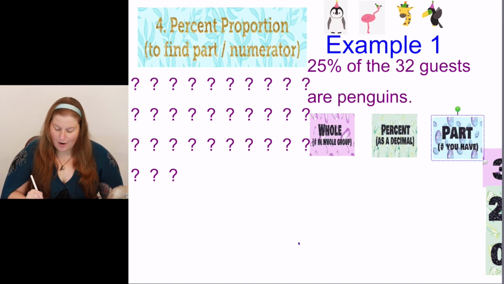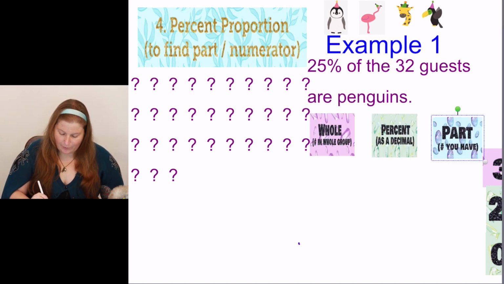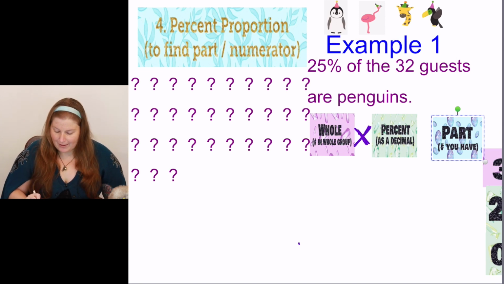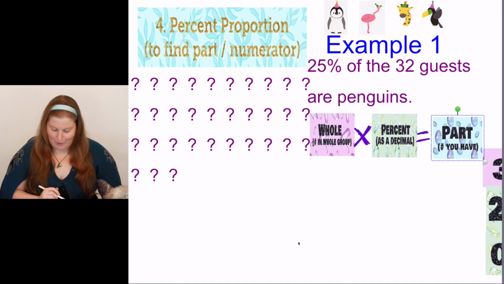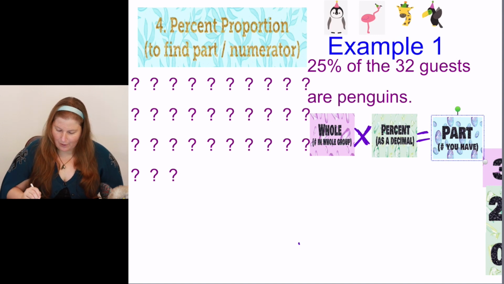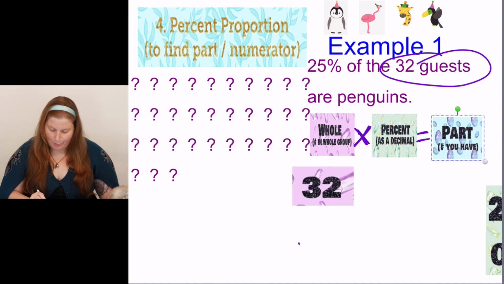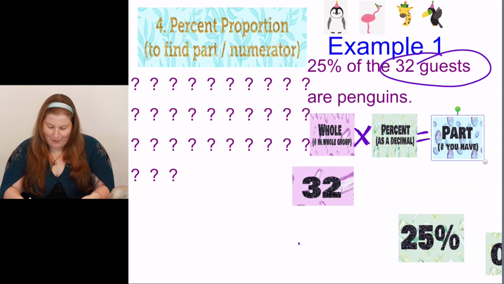So again, the percent equation is the size of one whole group times the percent of the group that you have is equal to how many you have. Here we know that a whole group is equal to 32 guests, so we can replace whole group with 32. We also know that 25% of those guests are penguins.